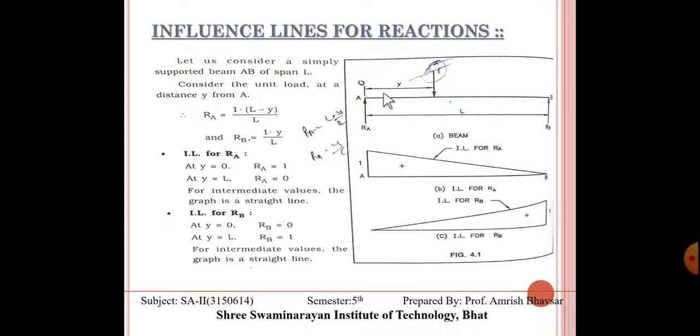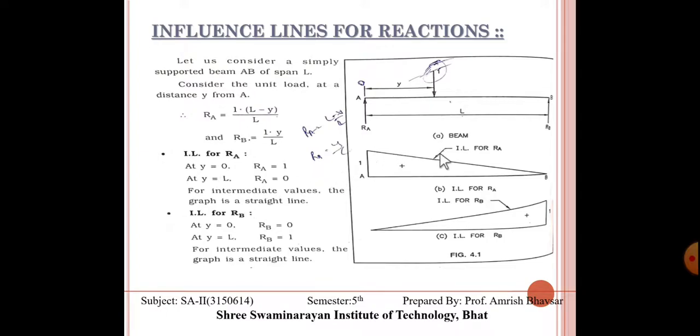This unit load moves from support A to B and the span has length L. So reaction at A is unit load 1 into L minus y upon total length, and at B it is equal to 1 into y upon L. Right? This is the y distance, and it is not fixed, it is somewhere on the whole span. So for the influence line for RA, when y is equal to 0, RA is maximum, and when y is equal to L, RA is 0.